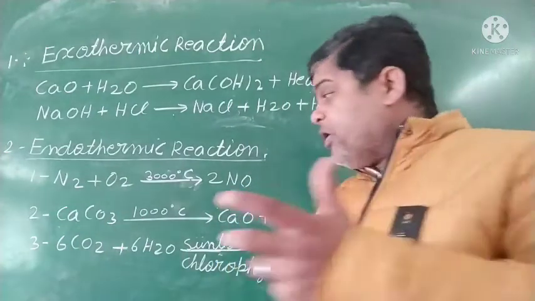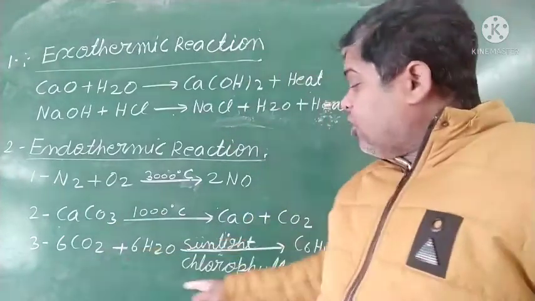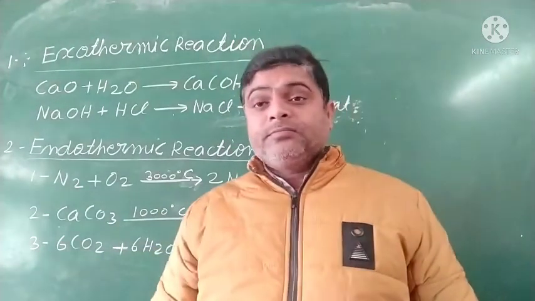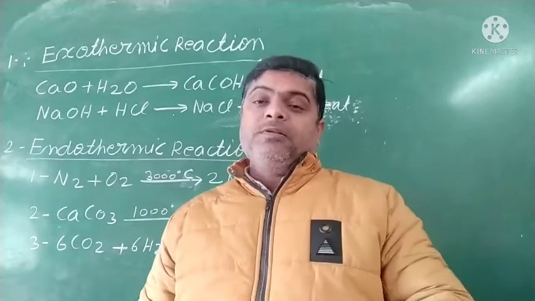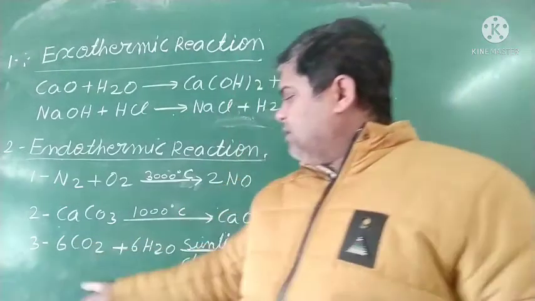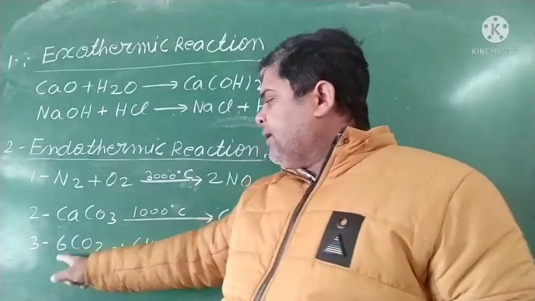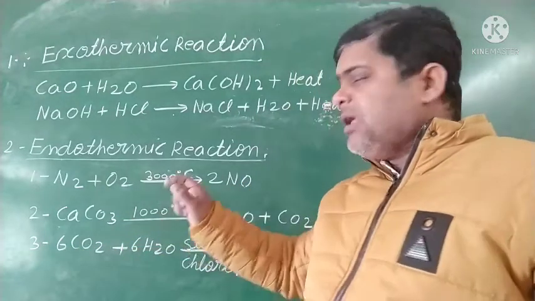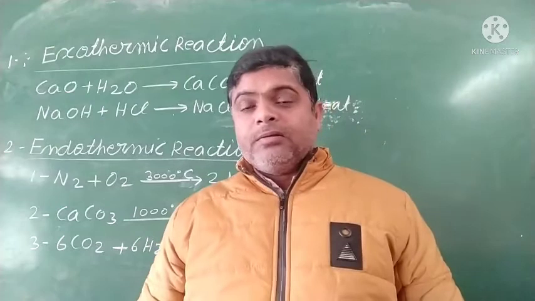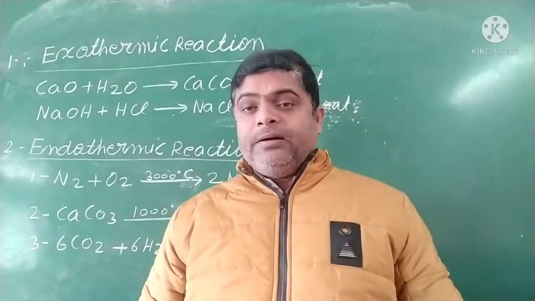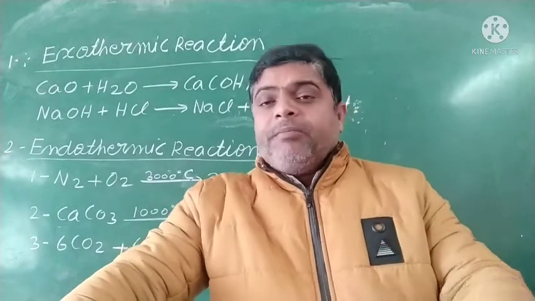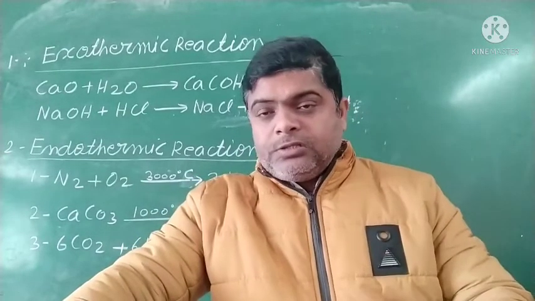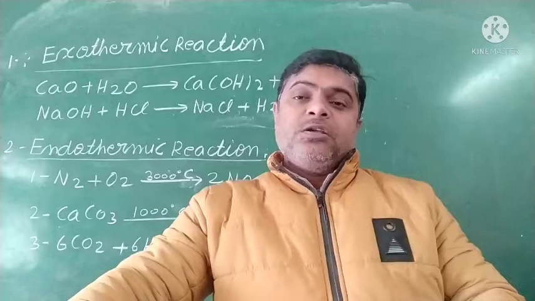And a very important example: absorption of light. In some cases, light is also absorbed. So student, a very familiar example is when carbon dioxide reacts with water. You know, how do plants make their food? Plants make their food by the process of photosynthesis. It is a natural process.